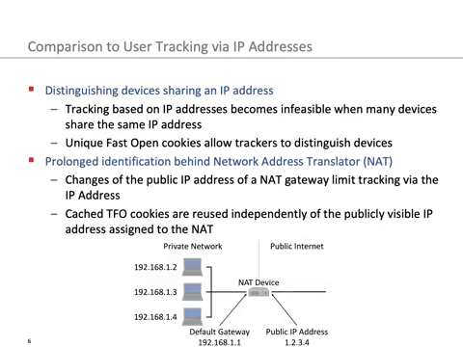One key difference between these tracking mechanisms is that Fast Open cookies allow to distinguish devices behind a shared IP address. This is obviously not possible for tracking via IP addresses, and it is quite popular to have shared IP addresses, especially in the IPv4 address space.